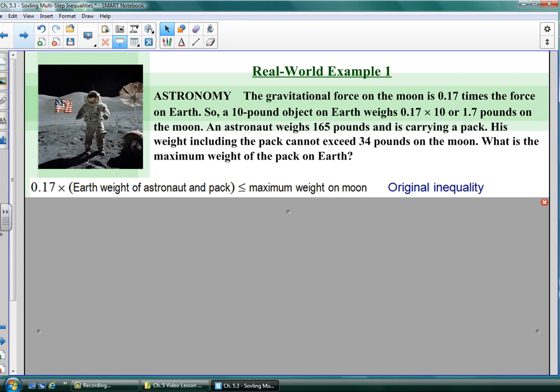But we do know that we have to multiply anything that's on Earth by this 0.17, just as we did here. So this 10 pounds over here actually weighed less on the moon, so we have to use that conversion to get the weight to what it would actually be on the moon, while keeping in mind it has to be less than or equal to 34 pounds.